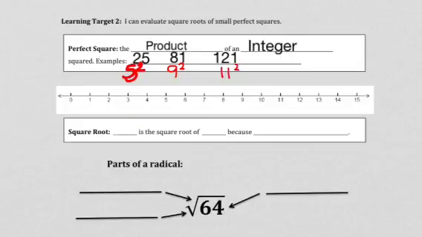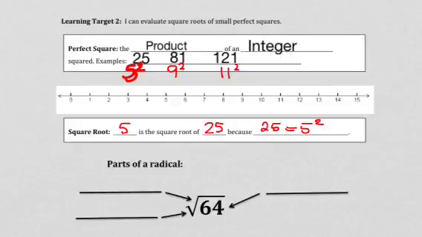I'm sorry, I got a little ahead of myself there. If I take the square root of 25, then I would get 5. So we say that 5 is the square root of 25, and that is because 25 is equal to 5 squared. So the square root of 25 is 5.